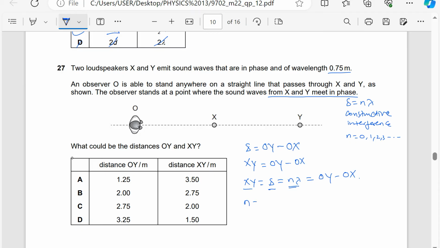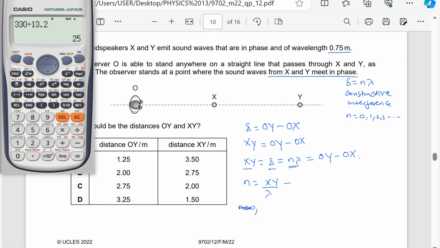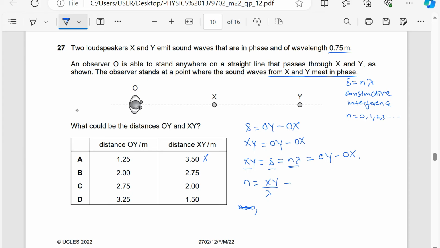So n is going to be XY, which is the path difference, divided by the wavelength. I'll just press my calculator for the first one. If XY is 3.5 divided by the wavelength, which is 0.75, this is not a whole number, so this is out.